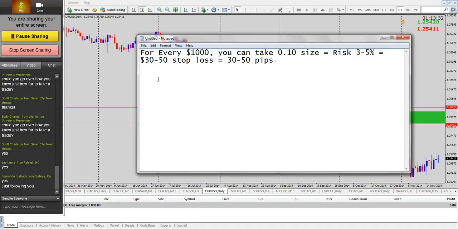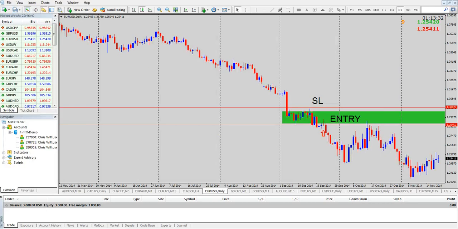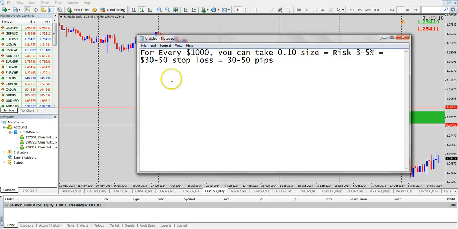So does that mean that's all you can do? No, because if you follow this rule, you'll do just fine. If you have $1,000, you now know that the max size you can take, or should take, this is how I trade, is that you should not take one trade bigger than 0.10.